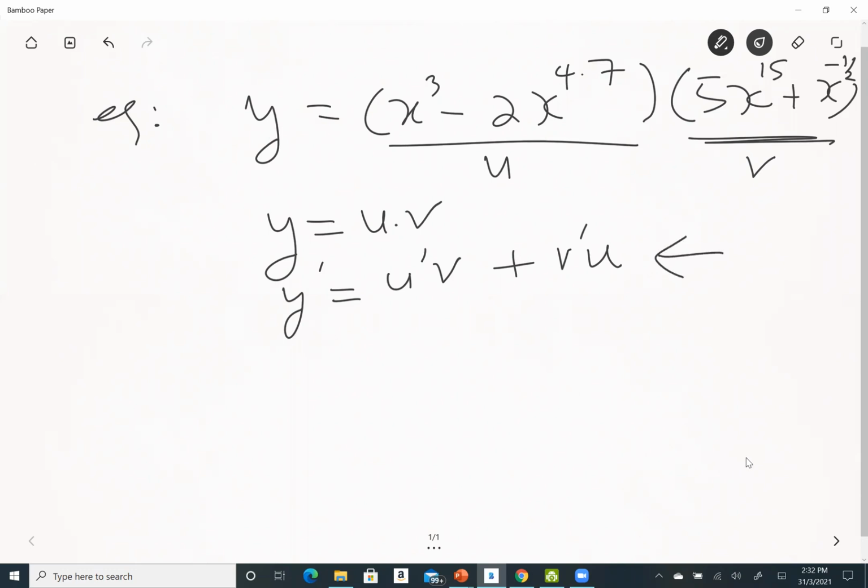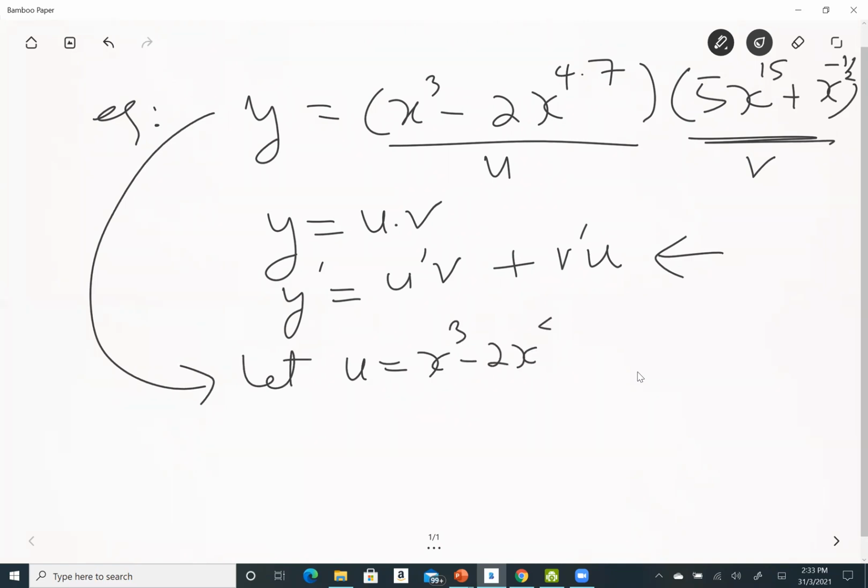So now, given this example, you apply the rule. In order to do that, suppose that is the example. First we need to let u be equal to the first term, and then you let v be the second term, because you have u times v.